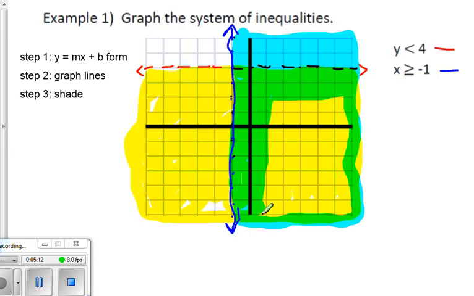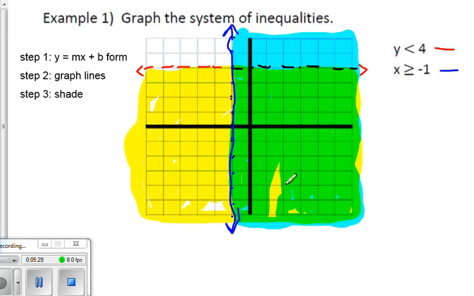All of the blue area is where just x is bigger than negative 1. All of the yellow area is true just for y is less than 4. All of this green area, though, is saying that both of our conditions are true: both y is smaller than 4 and x is bigger than or equal to negative 1.